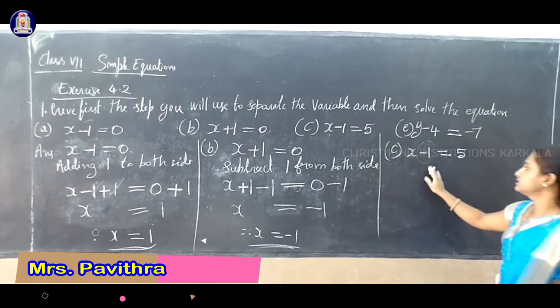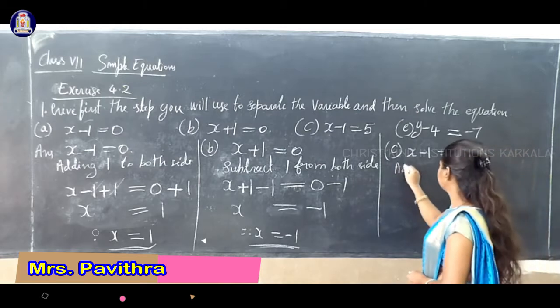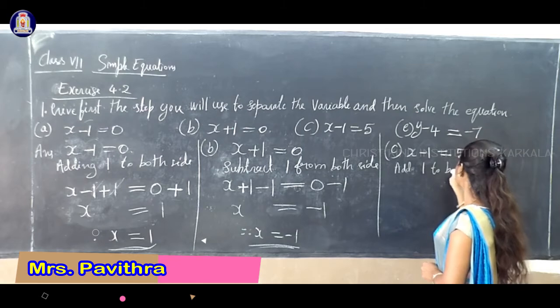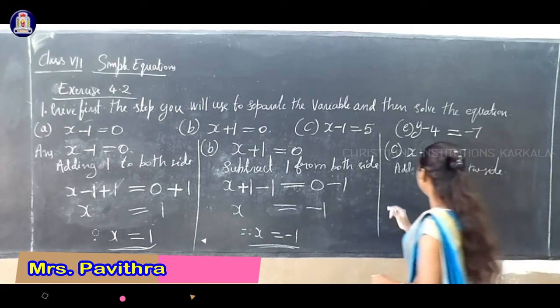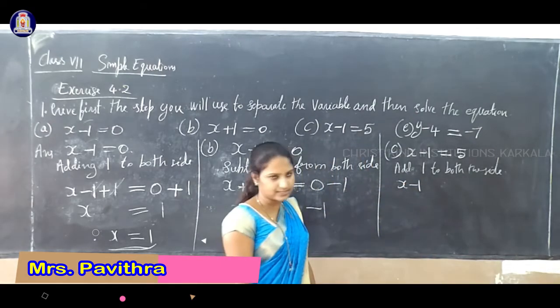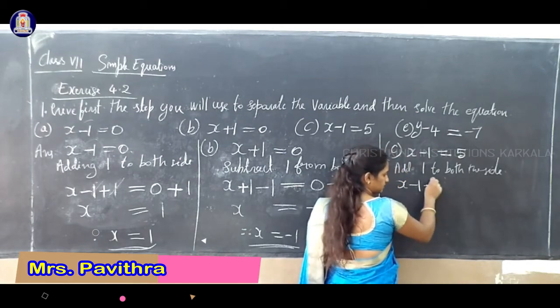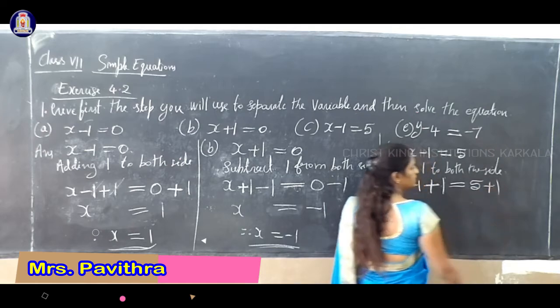Plus 1, means adding 1 to both the sides. So now on the left hand side we get x minus 1 plus 1, is equal to 5 plus 1.